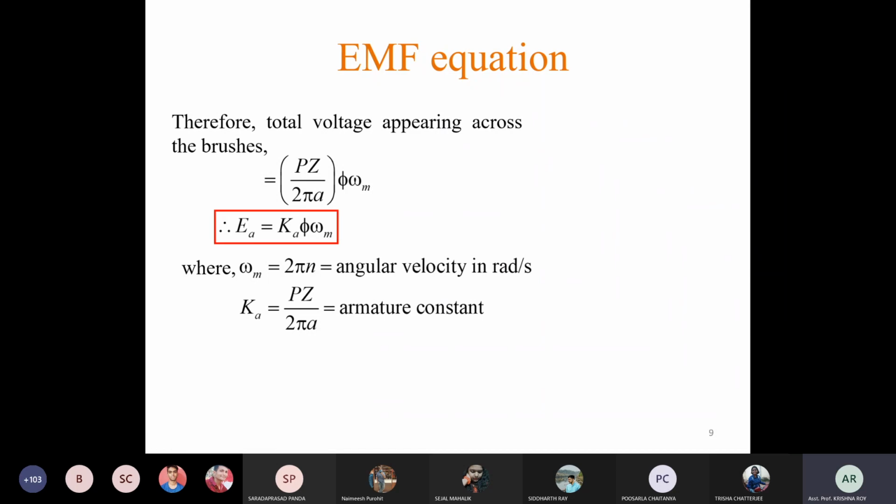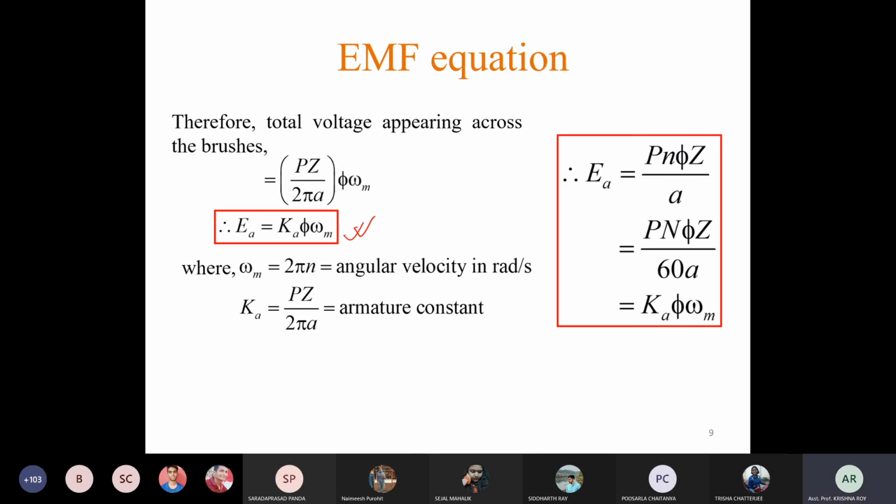Omega m is angular velocity in radians per second, which equals 2 pi n, where n is rotational speed in revolutions per second. So this is another way of expressing the induced EMF: Ea equals Ka phi omega m.